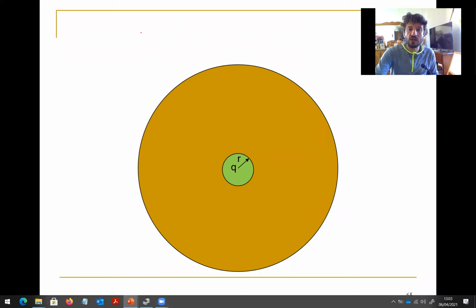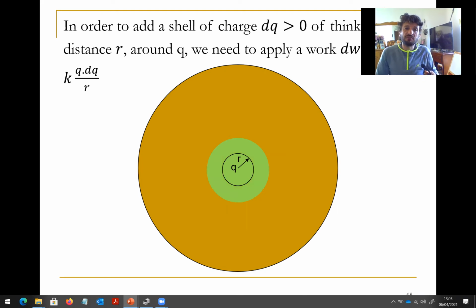Now I want to bring a positive charge and put it around this charge. In order to add a shell of charge, we have a shell object of charge dq.